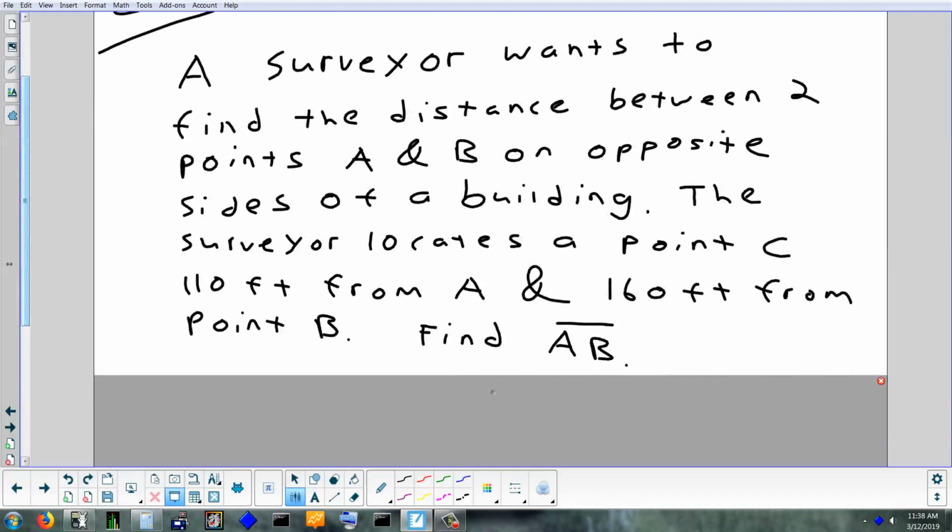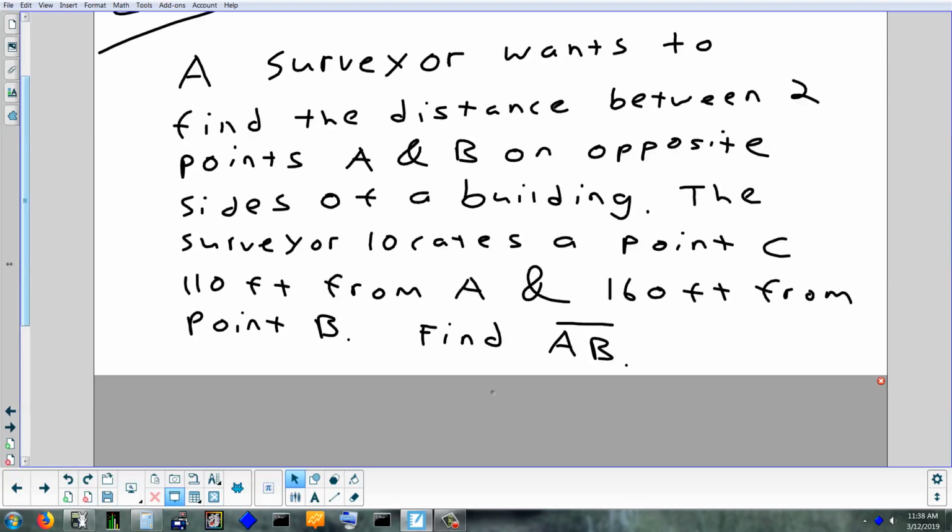So it says a surveyor wants to find the distance between 2 points on opposite sides of a building. So the surveyor is standing at another point, which I'll show you in the picture, which is in front of the building. All right? So the surveyor is standing in front of the building, and they can see one side that they want to measure to, and the other side they want to measure to.